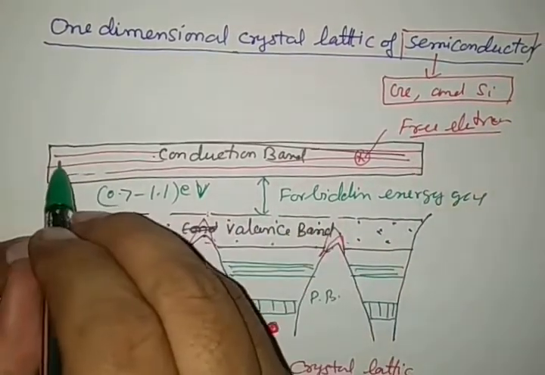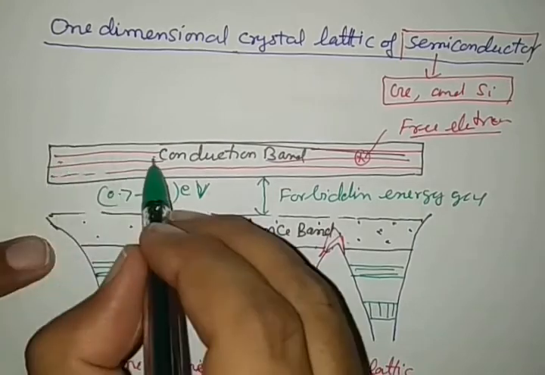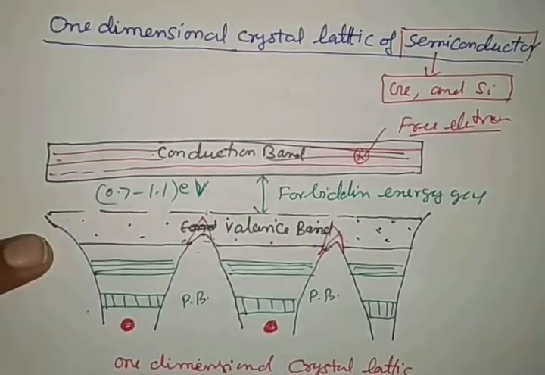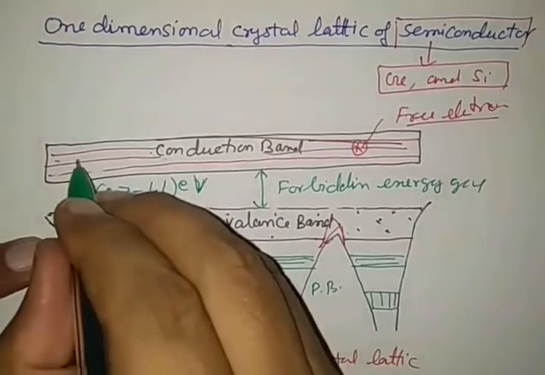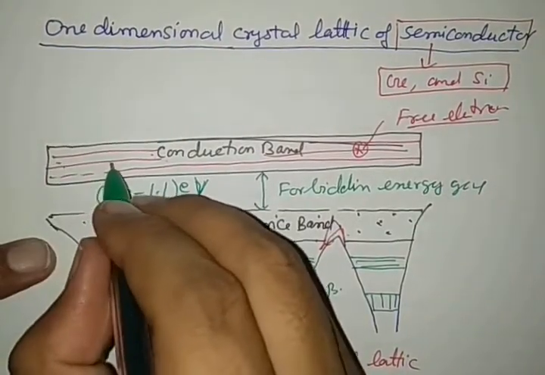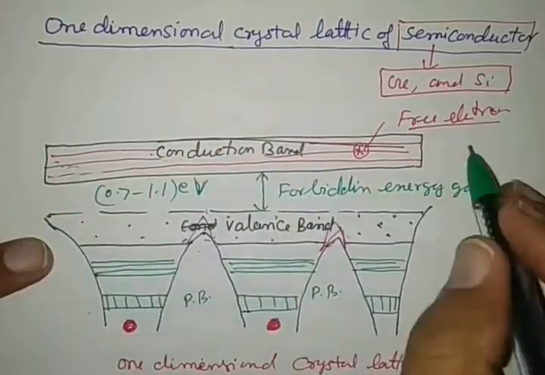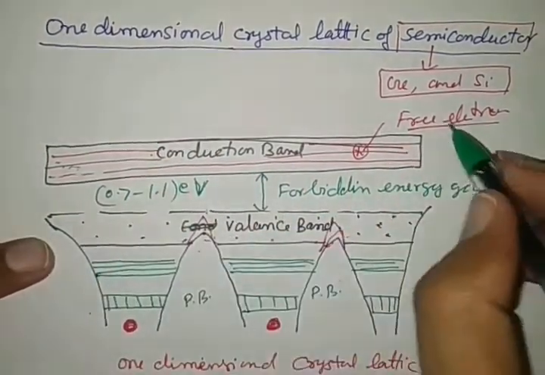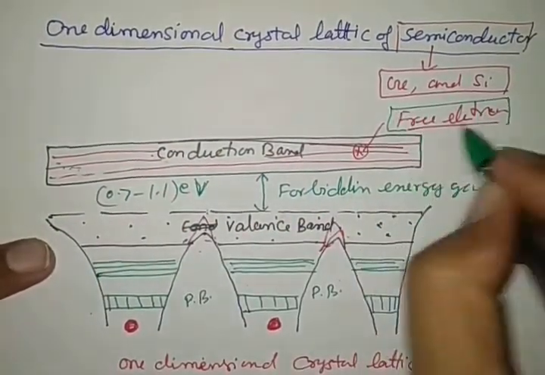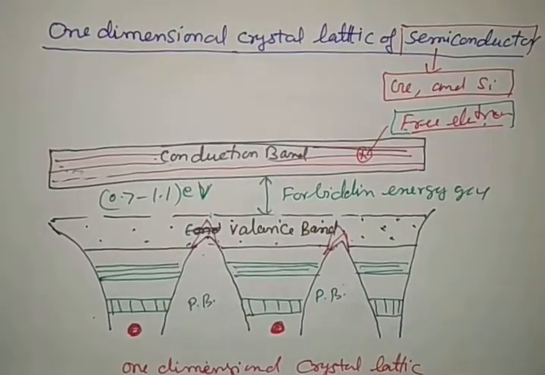The dynamical behavior of electrons found in the conduction band is just like free particles moving. No potential barrier is available in the conduction band. That is why electrons in the conduction band are called free electrons.